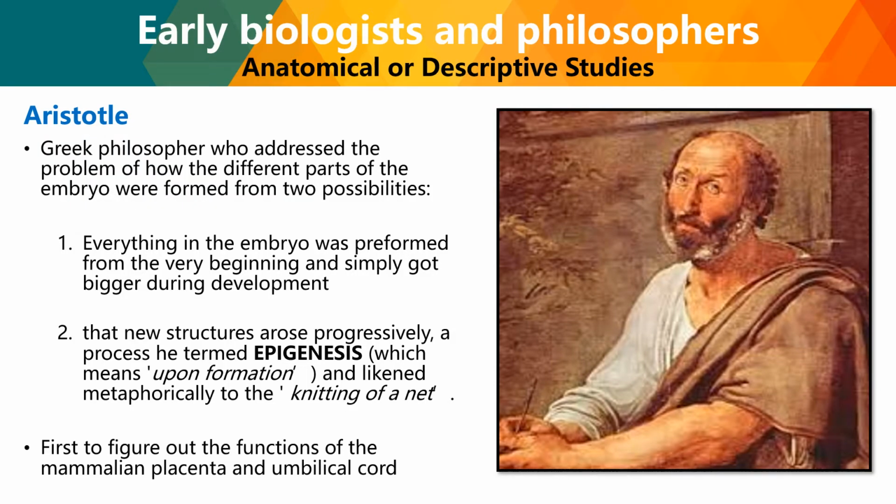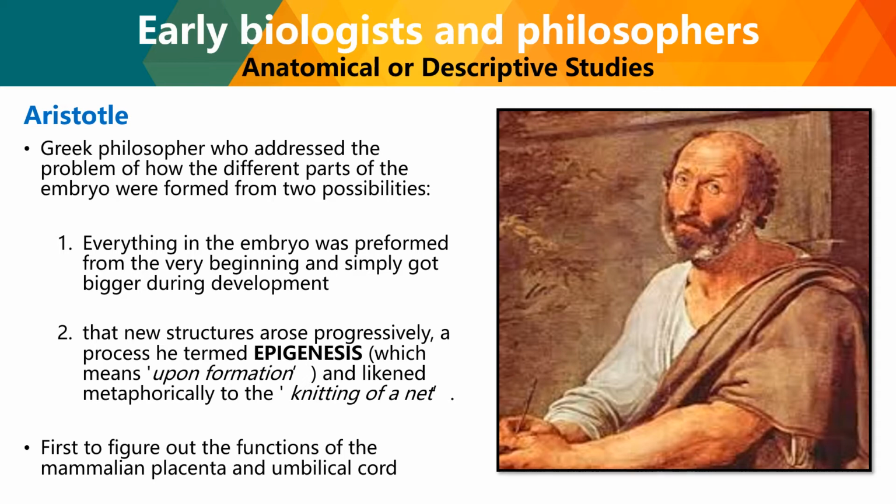So, for the early biologists that used anatomical or descriptive studies, one of them was actually Aristotle. Okay? So, if Hippocrates started his theories about development in the 5th century BC, it's around one century after him that Aristotle, a Greek philosopher, addressed the problem of how the different parts of the embryo were formed from two possibilities.